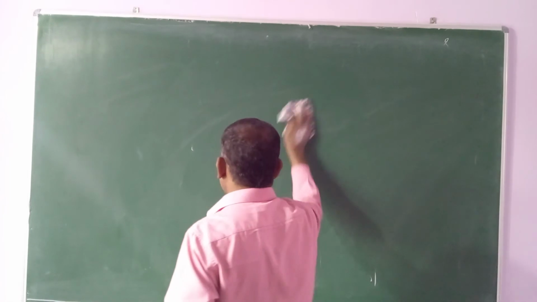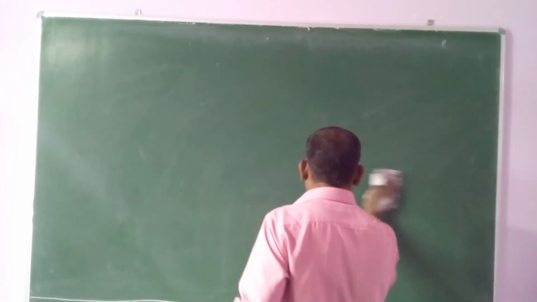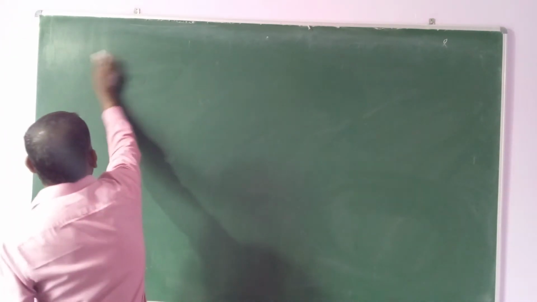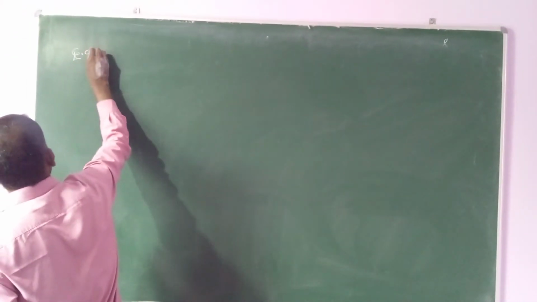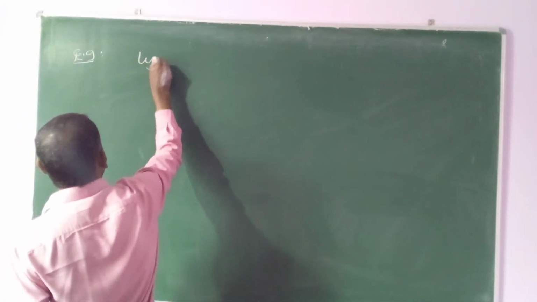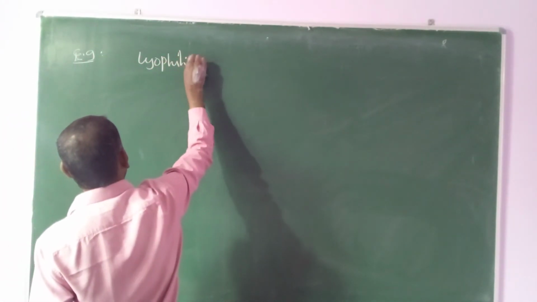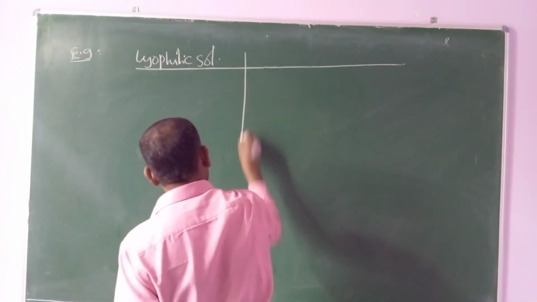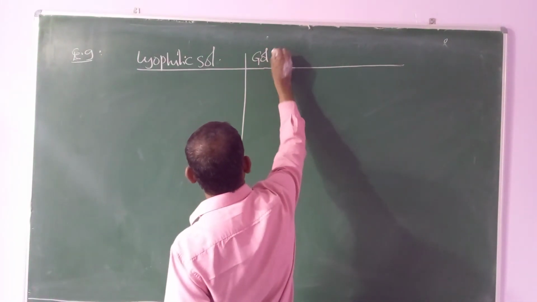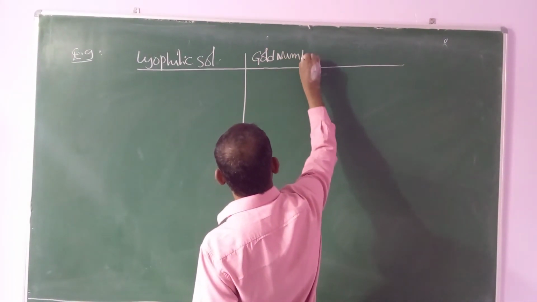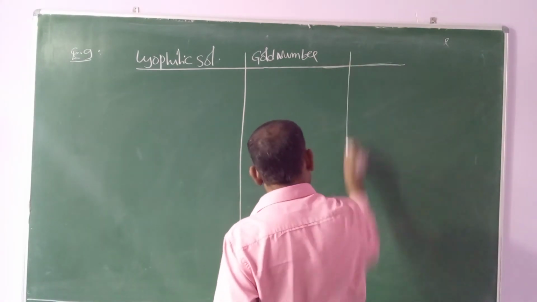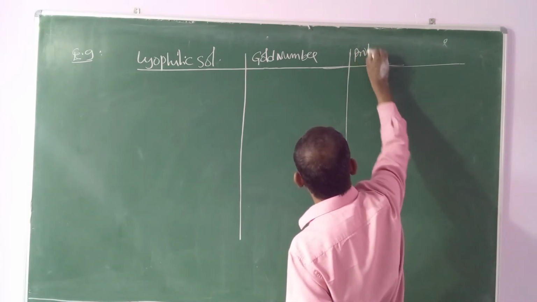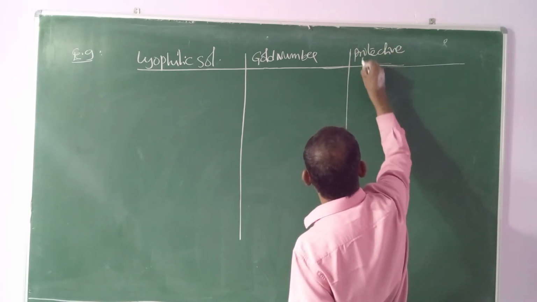Here I will write some examples of gold numbers. There is no need to learn them by heart. Lyophilic sol, gold number, and protective power or protective action, a comparison of protective power.